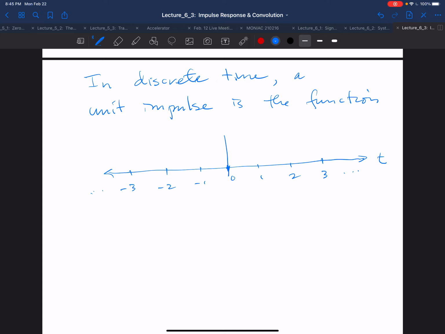In that case, the unit impulse is simply the function that takes the value 1 when t is equal to 0, and otherwise takes the value 0.